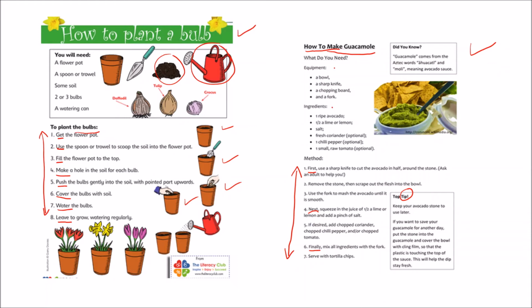So if you are using connecting words, your command verb will usually be the second word. Remove the stone. Remove is a command verb, and use, and so forth. You can go over the recipes or the 2 different instructional texts in your own time.